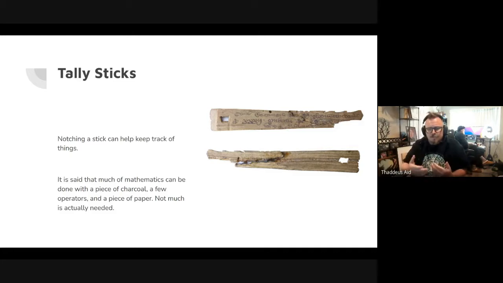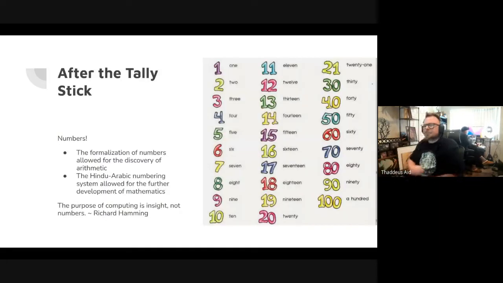And with these operators, from addition to subtraction, we can start to learn about multiplication. From multiplication, we can start to learn about division, and the rest of mathematics continues off of there. There are obviously a couple more concepts that are useful, like zero, but those come in a little bit. The formalization of numbers allows for more complex arithmetic.